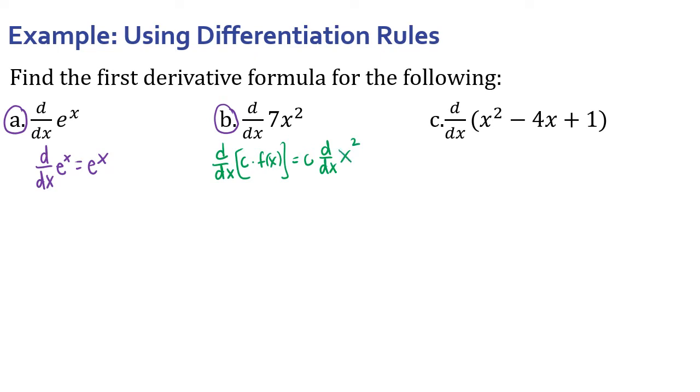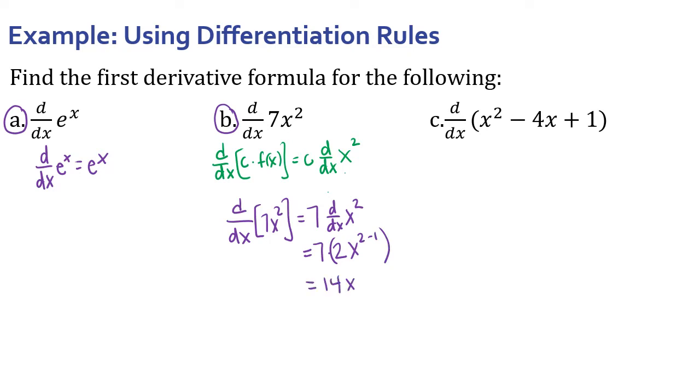Okay, so if I were to look at this one, we would have d over dx of 7x squared equals, I can pull that 7 in front and find the derivative of x squared. So because we actually have a formula for x squared, we don't have a formula for something getting multiplied by x squared. So I can use that power rule now, so that 2 comes down, and then we are going to subtract 1 from the exponent, so that's going to give me 14x to the first power.